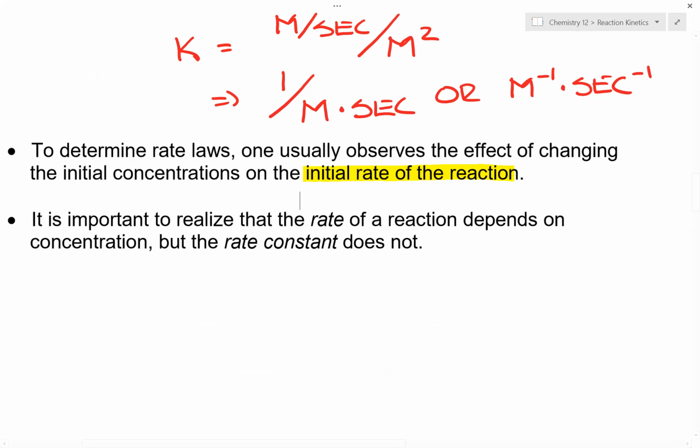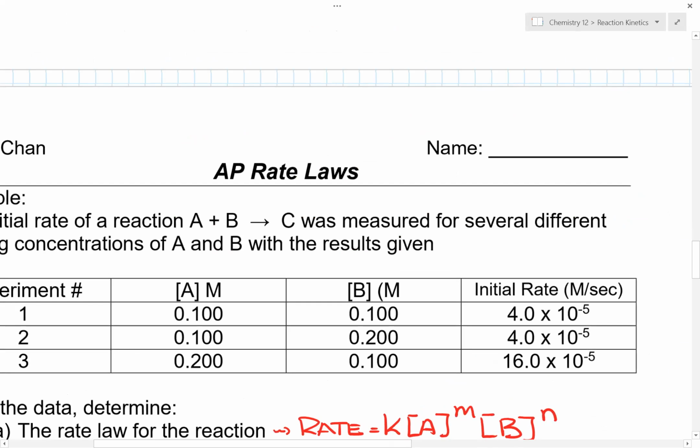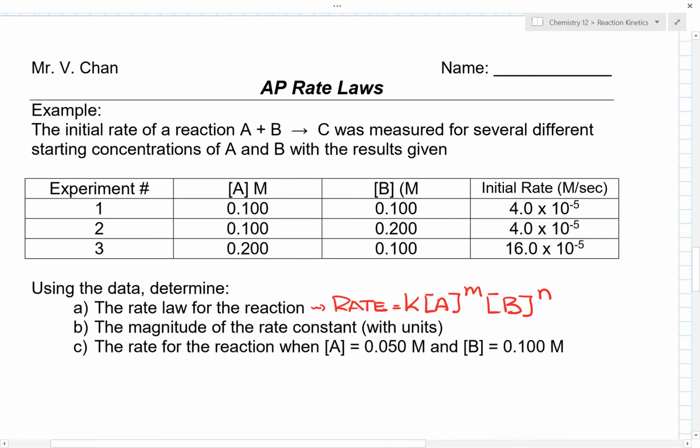Now I want to go over one example that would be typical of an example that's given to you. It says the initial rate of reaction A plus B was measured for several different starting concentrations of A and B with the results given. So let's say we have 3 different experiments, all with different concentrations, and you get an initial rate. Using the data, determine the rate law of the reaction, the magnitude of the rate constant with units, and the rate of the reaction at specific concentrations.